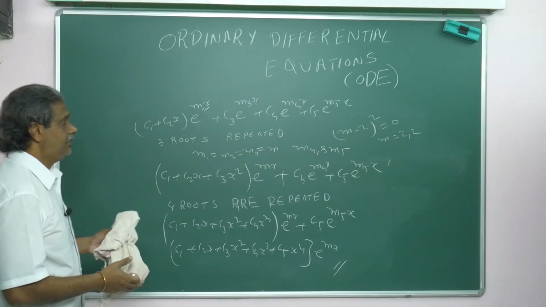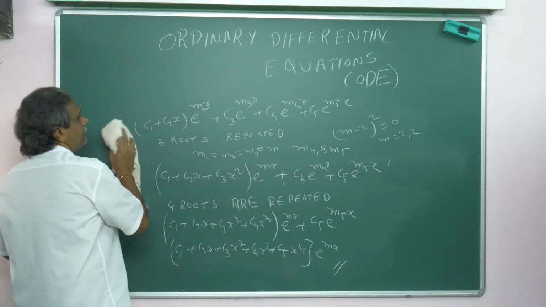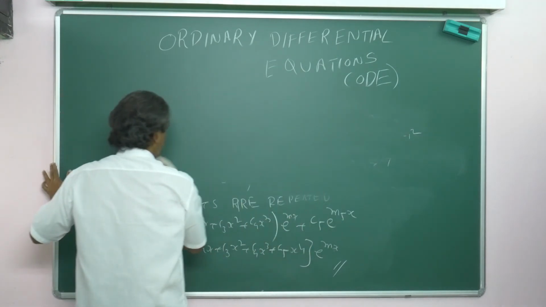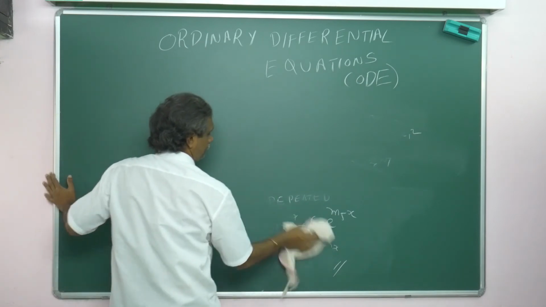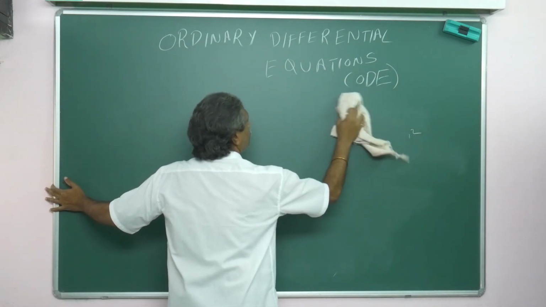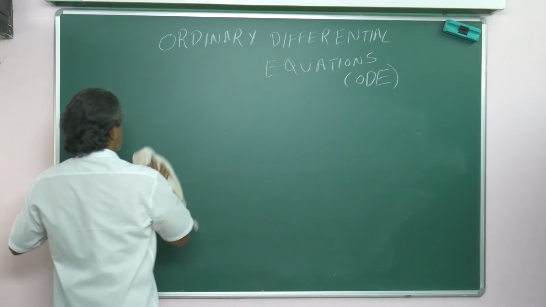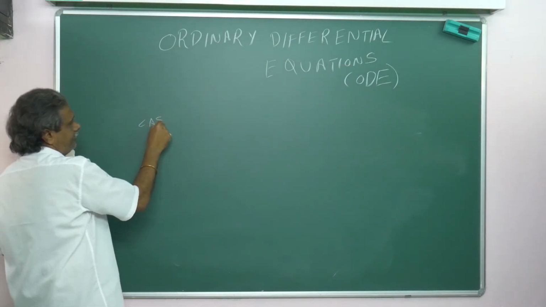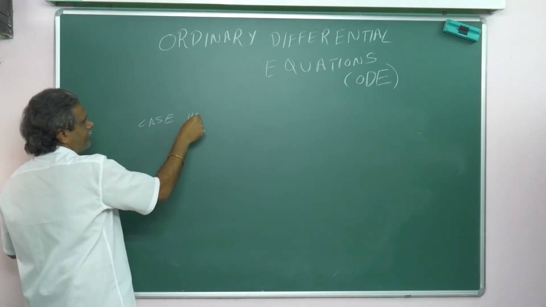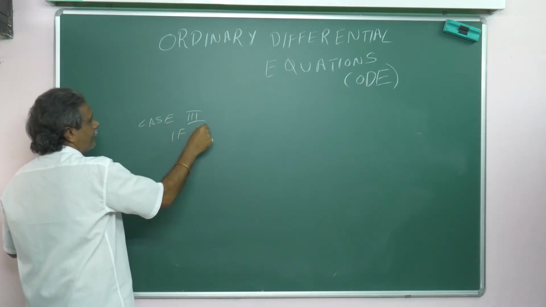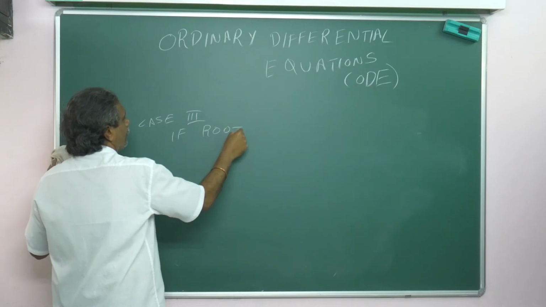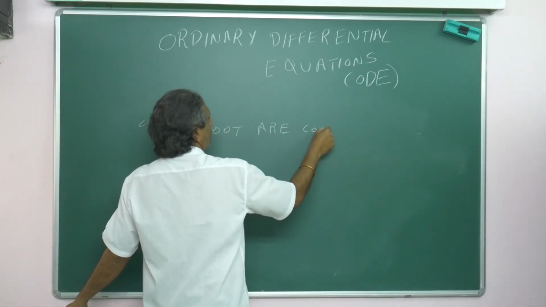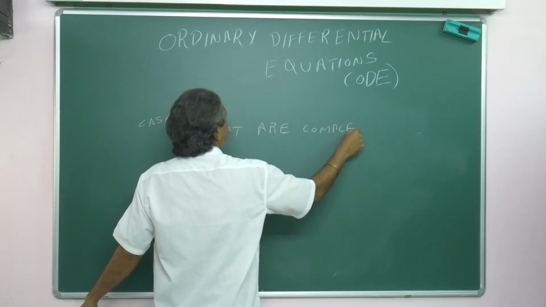Now in some cases you may get complex roots. Case 3: suppose a few roots are complex, that means imaginary.